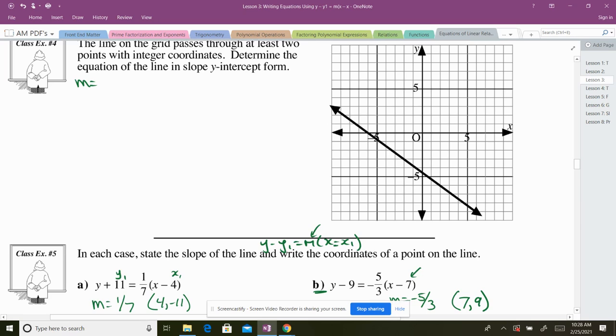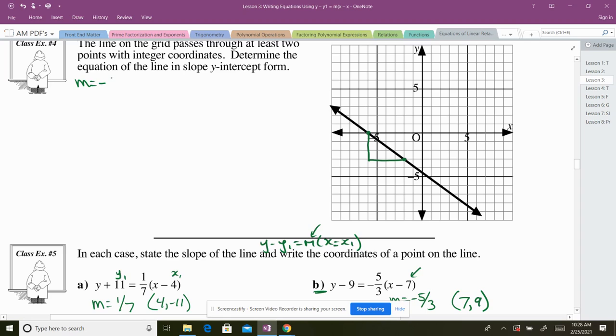Find the slope. We're always going to have to figure out the slope. M. We have a graph, so we're going to do what method? Triangle, rise over run. You have to pick 2 points that it goes through perfectly. There we go. So what's my slope? What's the slope, peoples?